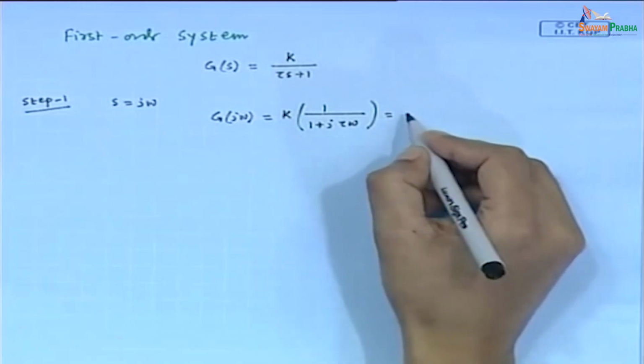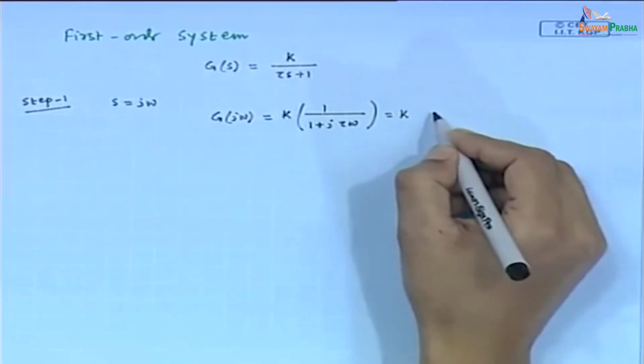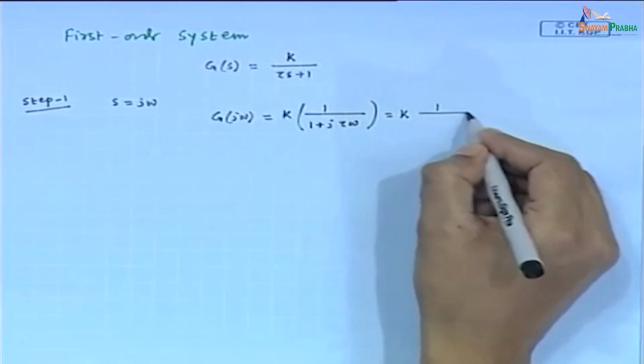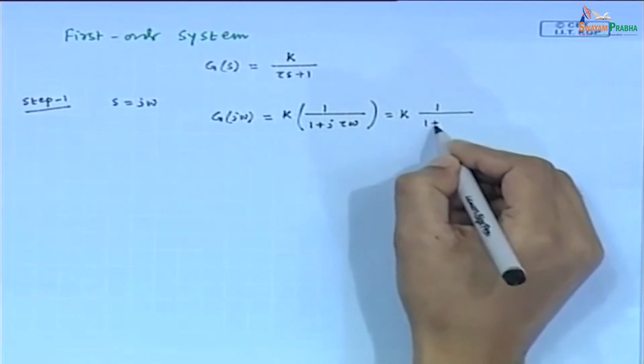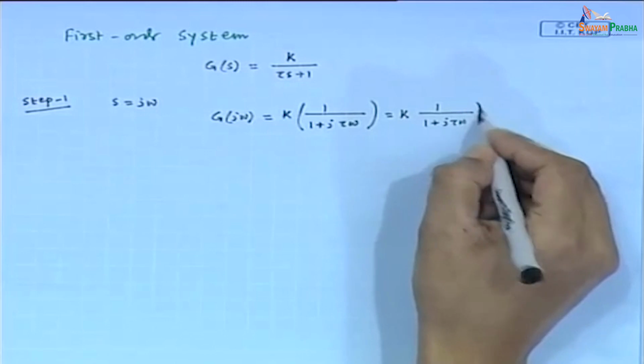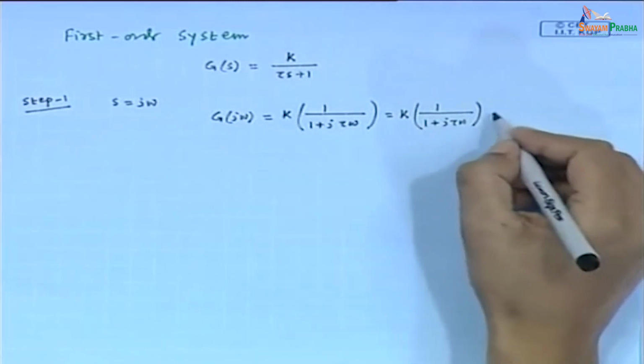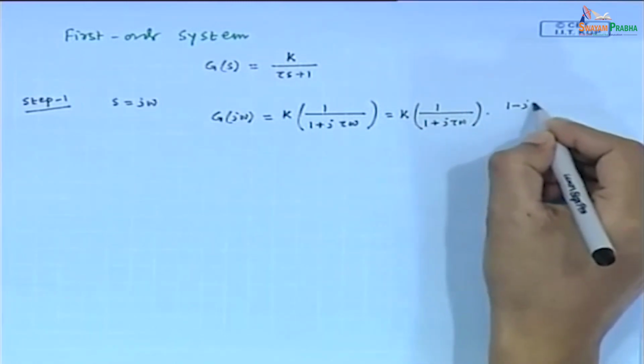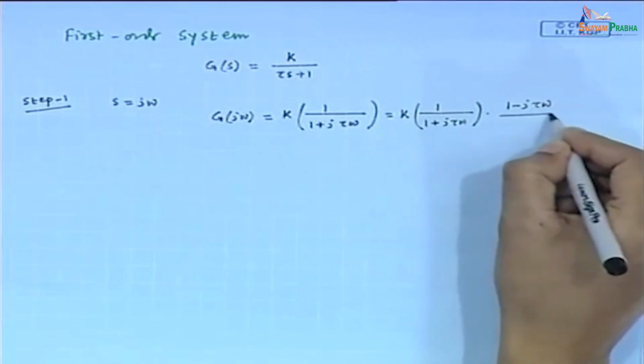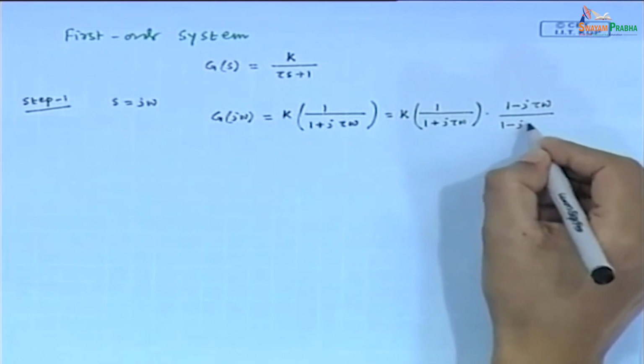So, we can write this again as K multiplied by 1 divided by 1 plus j tau omega, multiplied by 1 minus j tau omega divided by 1 minus j tau omega.